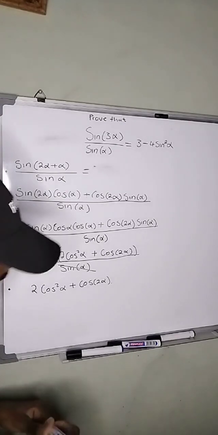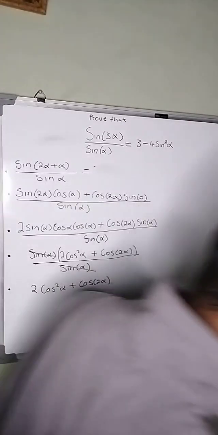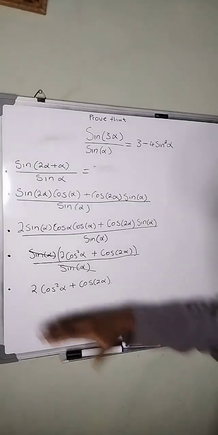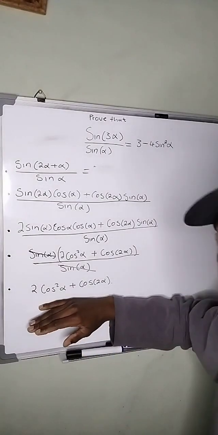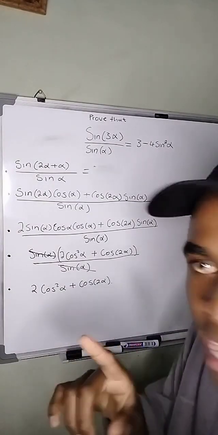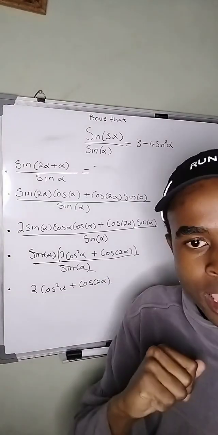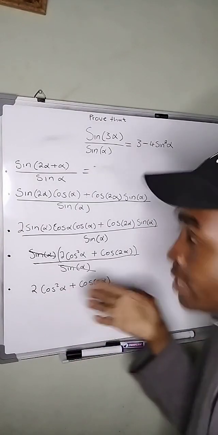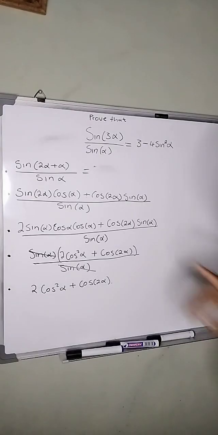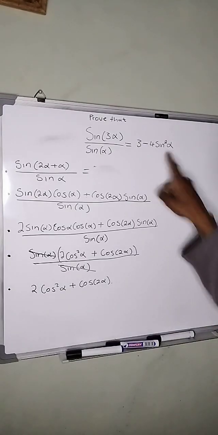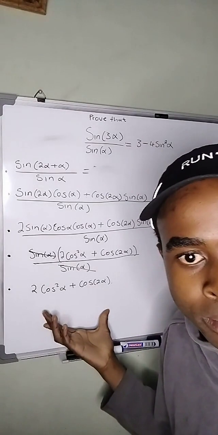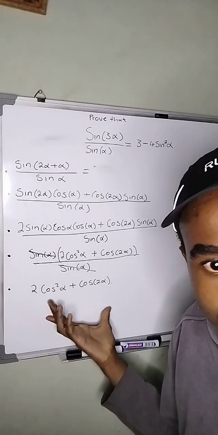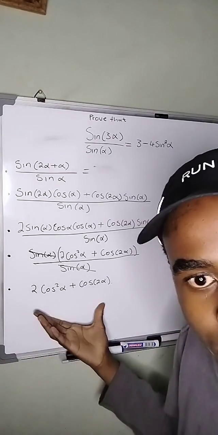So now you see. When I reach here, guys, whenever I reach here, I take my eyes back to the question. I see, okay, now I reached here. I take my eyes back to the question. Okay, how many terms do I have here? Before we move forward, how many terms do I have here?